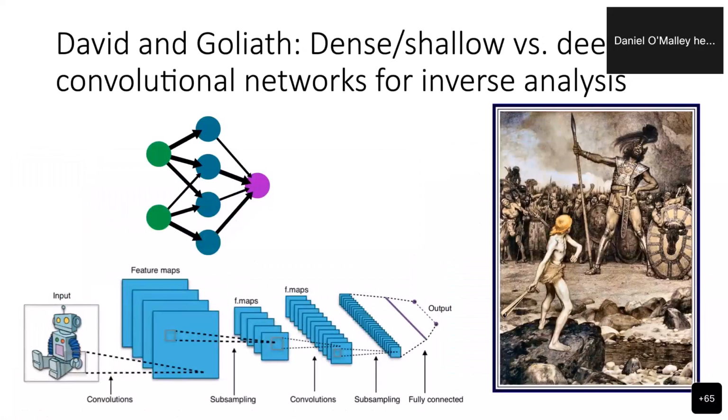Within the context of that idea, we're going to be comparing dense, shallow neural networks versus deep convolutional neural networks. It's a bit of a David and Goliath story, where generally these deep convolutional neural networks are much more powerful than the shallow dense networks. But in this case, there are actually some advantages to using the shallow dense networks.